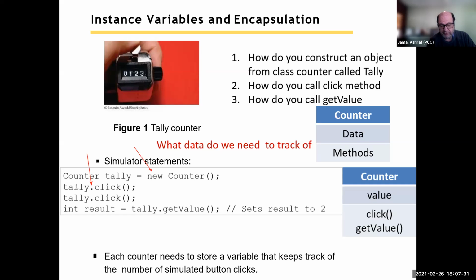If I want to paint a car, I have to have the physical car before I paint it. So we're going to be using a dot operator to call the method click, and then I'm going to be using the dot operator to get the value. So click, the new one, that's going to have a 0, and click, it should give me a 2.